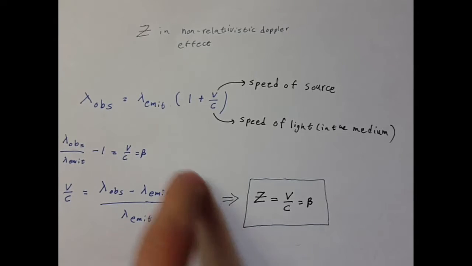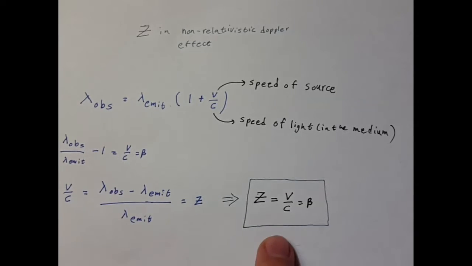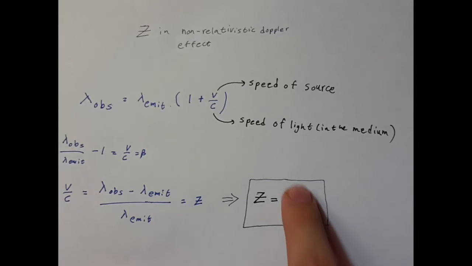By this, you can conclude that the z we have defined is equivalent to v over c, where v is the speed of the source, or the galaxy in our case, and c is the speed of light.